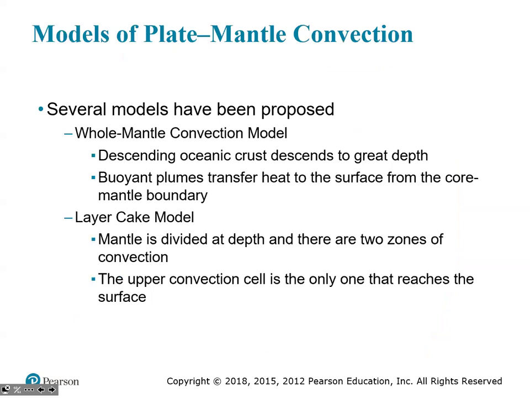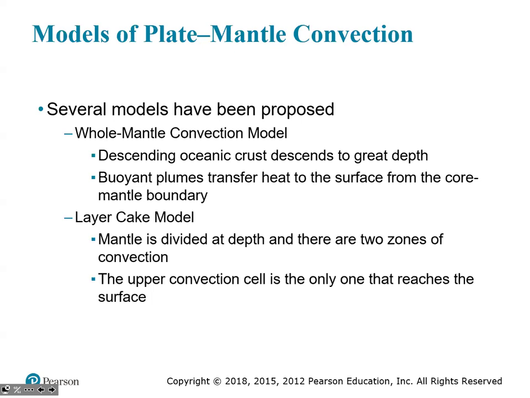Now there's several models that have been proposed. They're all based on convection of the mantle, but there's some debate about how much of the mantle is convecting, what parts are convecting. So the whole mantle convection model is based on the idea that descending oceanic crust will descend to a very great depth, and buoyant plumes will transfer heat to the surface from the boundary of the core mantle itself.